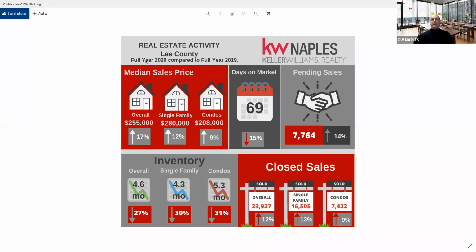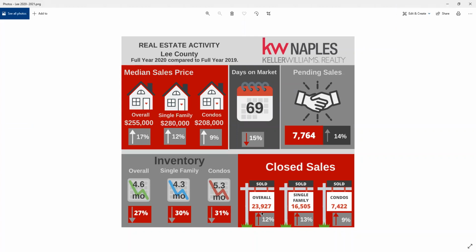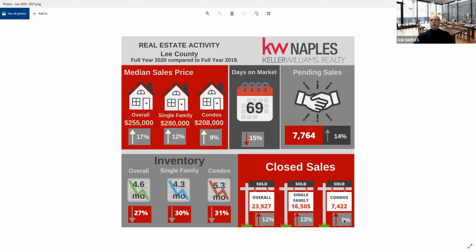So we can just take a quick look at Lee. So this is Lee County 2020 compared to 2019. So obviously a more robust number of sales, but up only 12, 13%. So if I then stop that and I put in Lee for the same period, hopefully this will work.